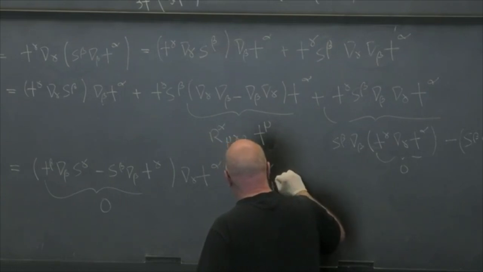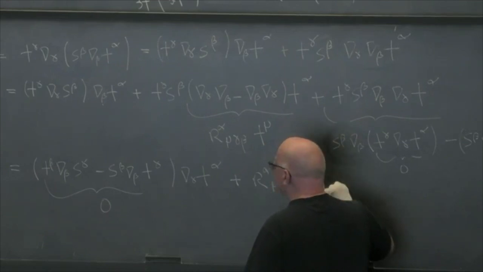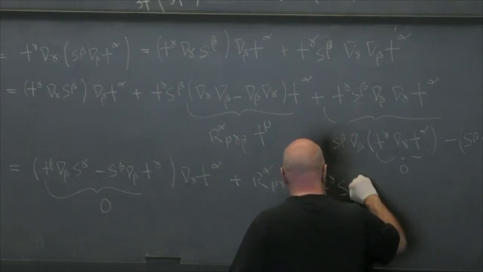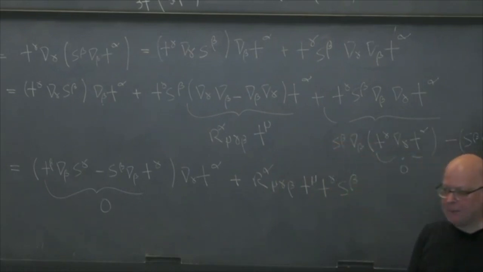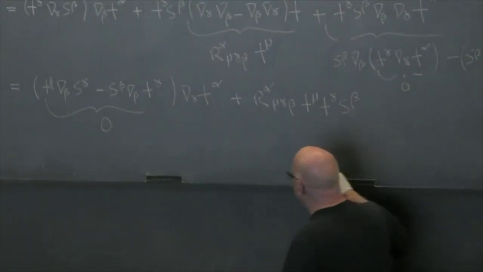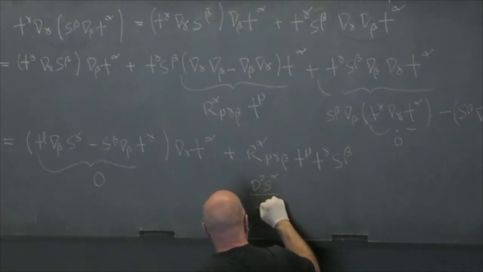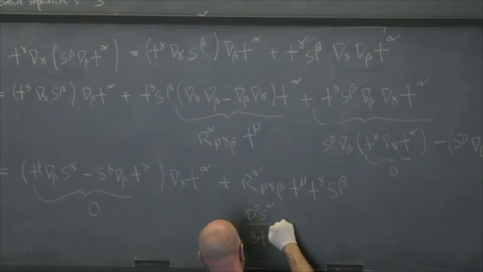I'll write it like this for now, but I'm going to change this in a moment. So I have t mu, t gamma, s beta. All I'm going to do, in addition to that, is some cosmetics on this. What I want to do is re-express the second derivative of my S tensor.